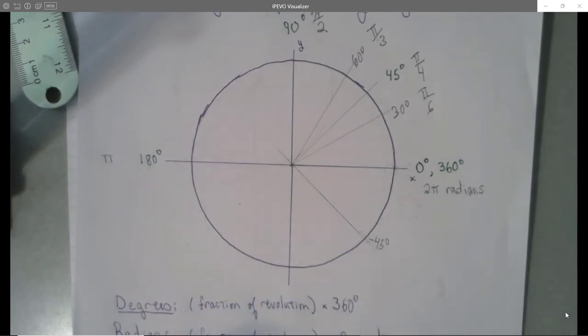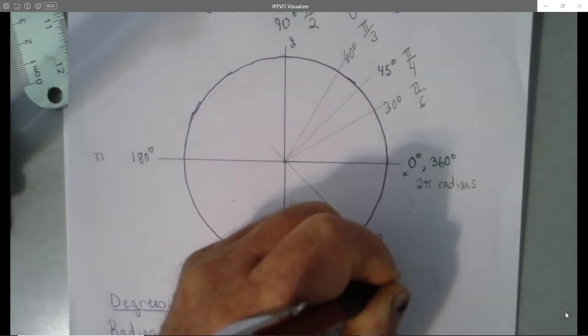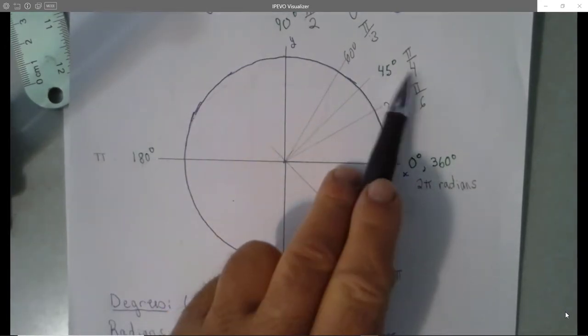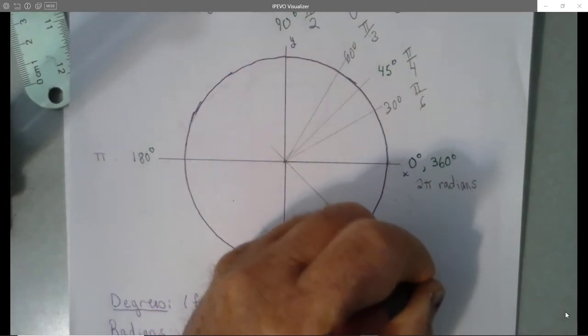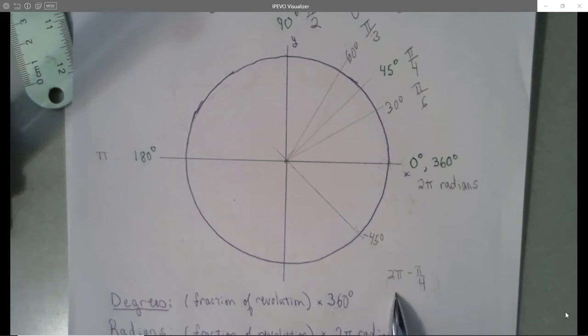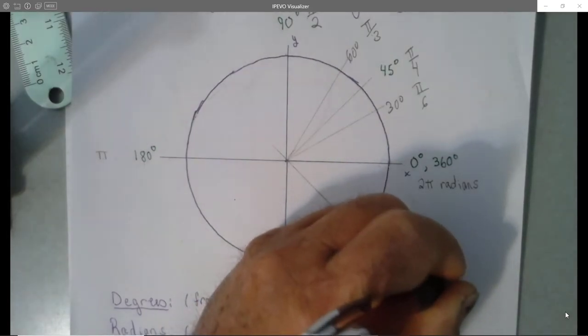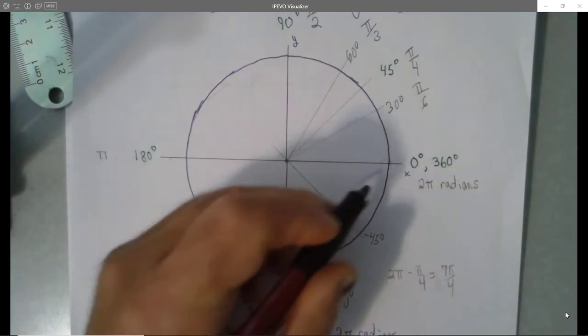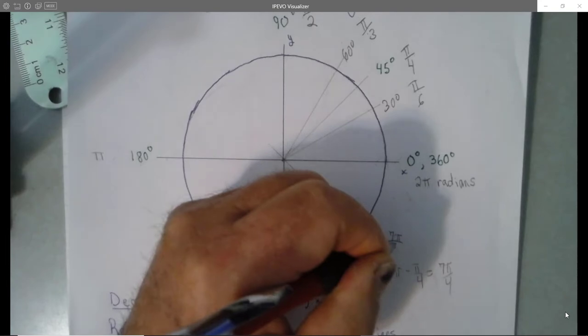You could say we have 2 pi radians, and then we're going to subtract off pi over 4. So this is 8 pi over 4 minus pi over 4, which is 7 pi over 4. That would be one way of figuring out this angle here, 7 pi over 4.